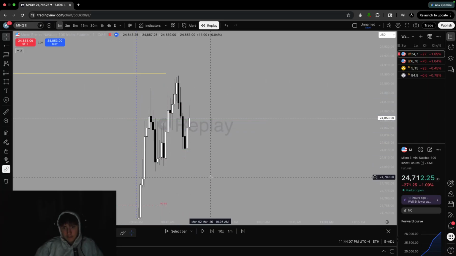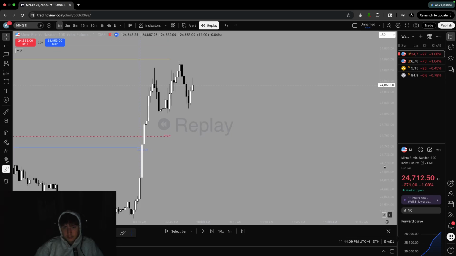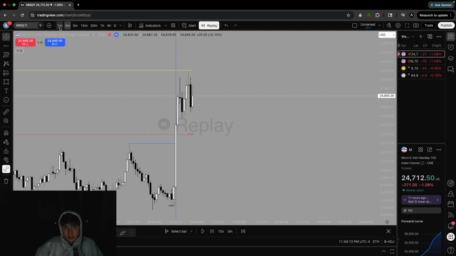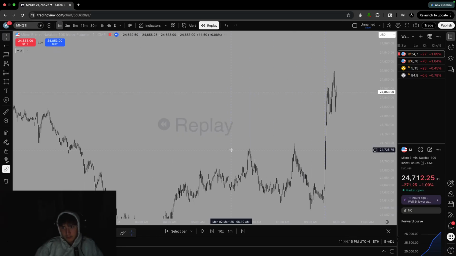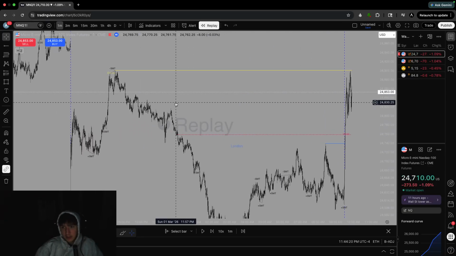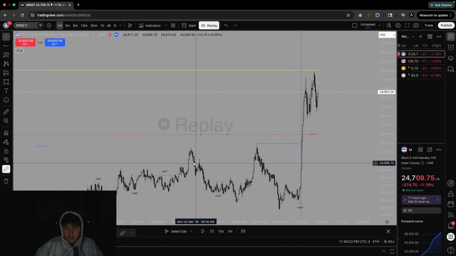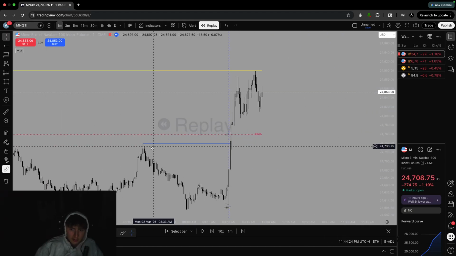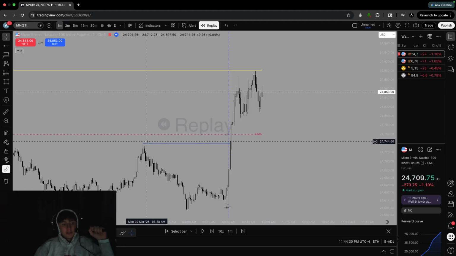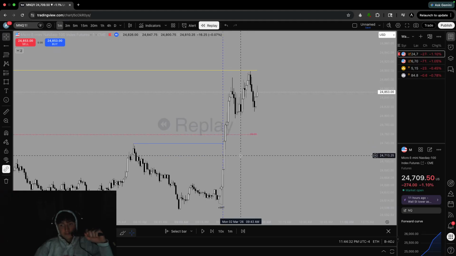Let's see. How do we avoid this? Was this a prominent draw on liquidity? Not particularly. But we don't count. It doesn't matter. It was London High, so it was London High. Whatever a London High is.